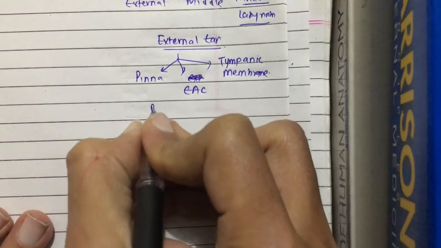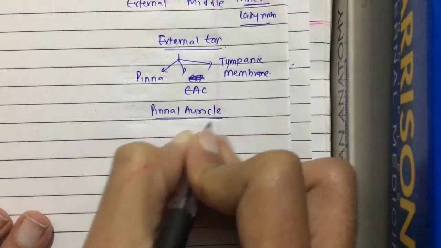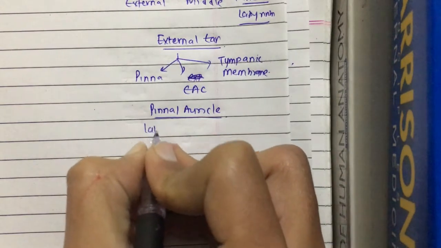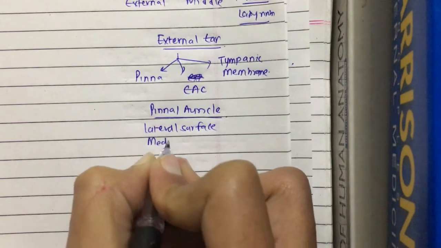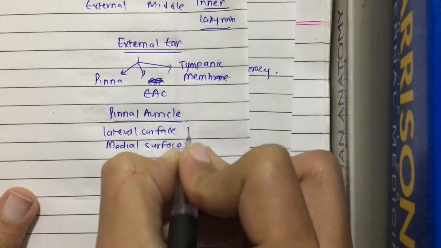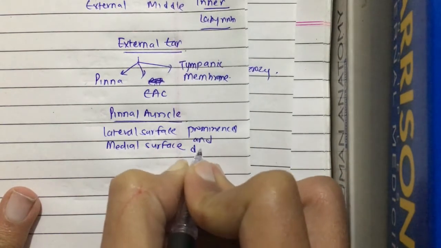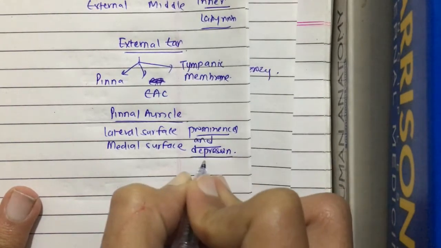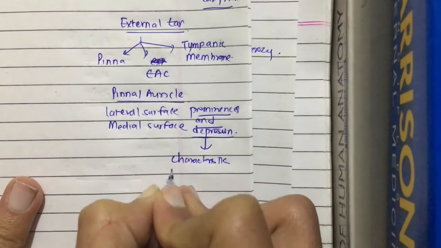Pinna or the auricle. It has a lateral surface and a medial surface. The lateral surface has characteristic prominences and depressions, and these are characteristic in each individual.